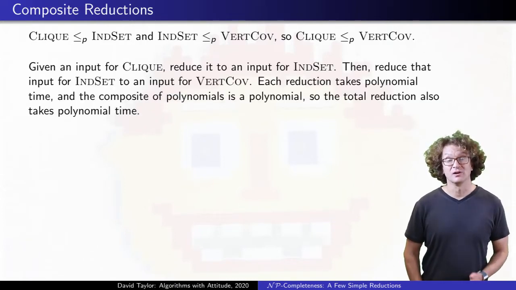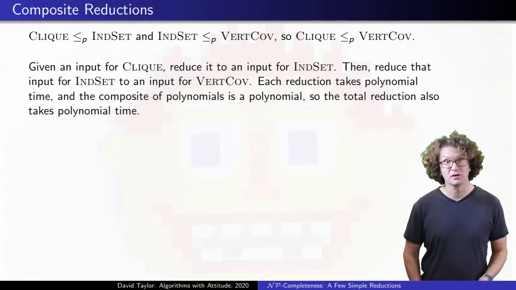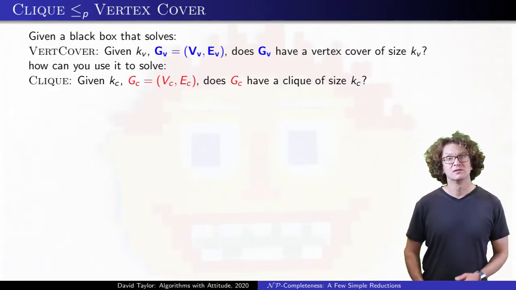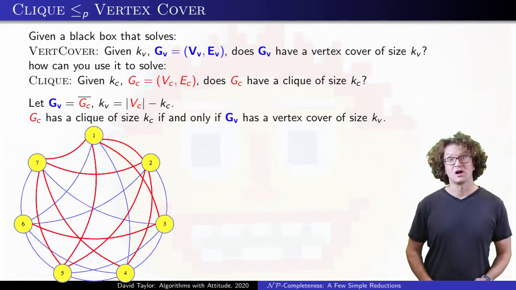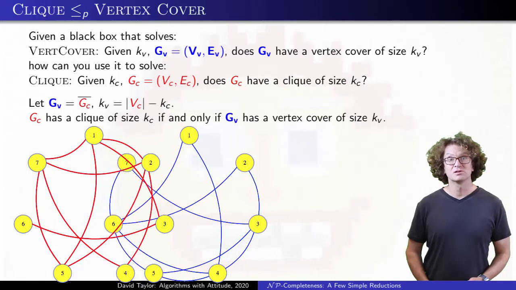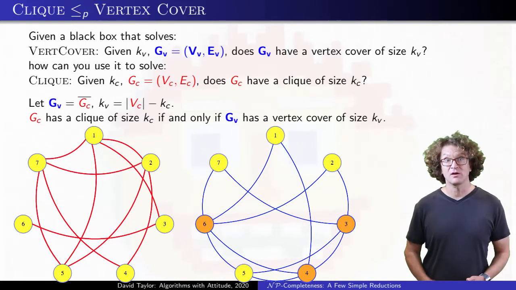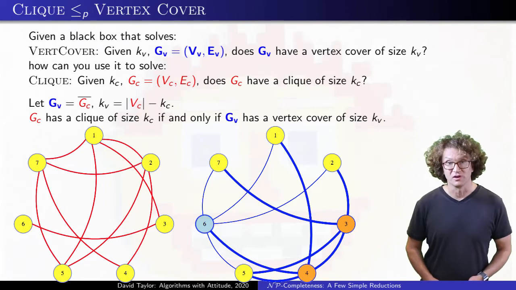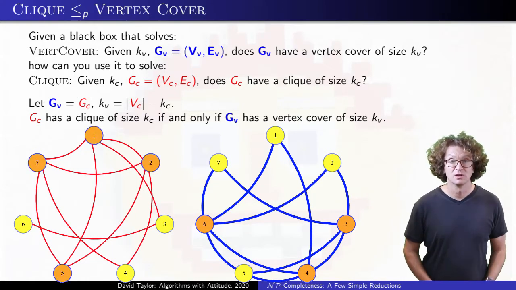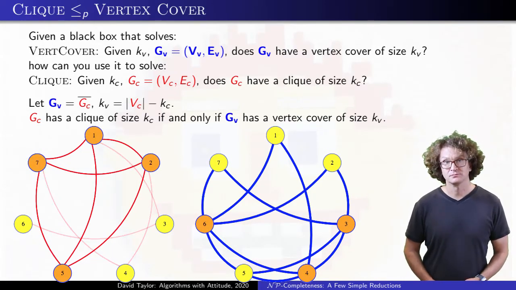Taking the composite of two polynomial time reductions gives us another polynomial time reduction. In this case, to reduce Clique to independent set, we took the complement of the graph. And then to go from independent set to vertex cover, we changed the size we were looking for. Doing both of those things gives the reduction from Clique to vertex cover.